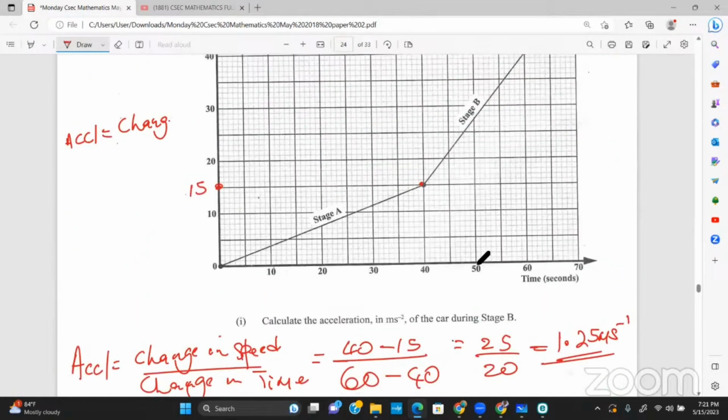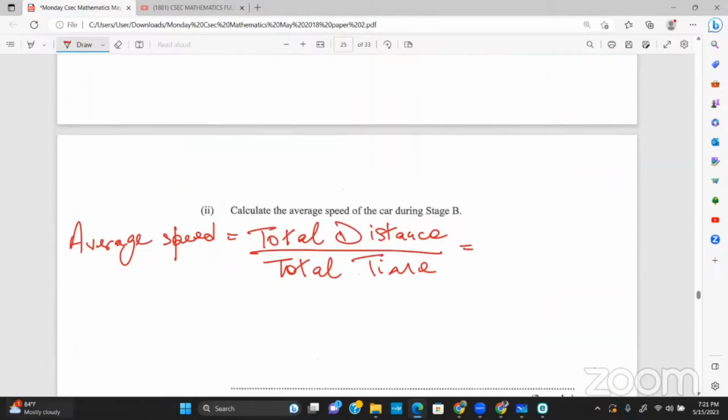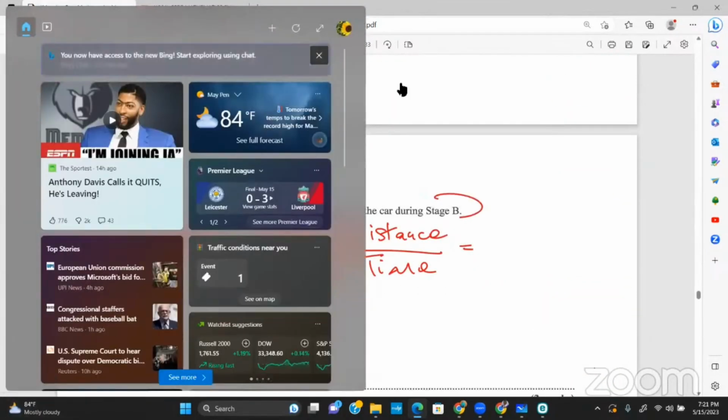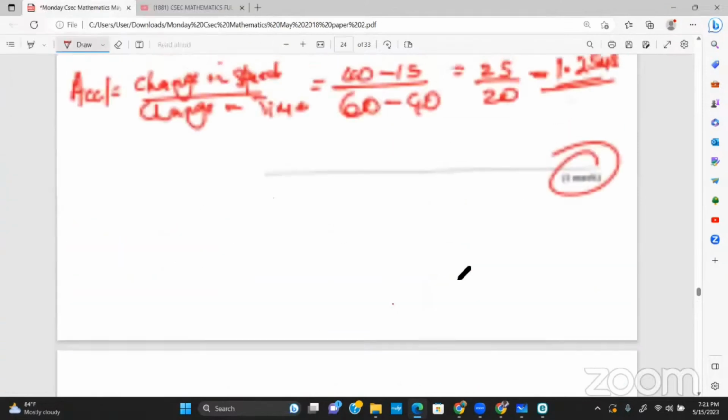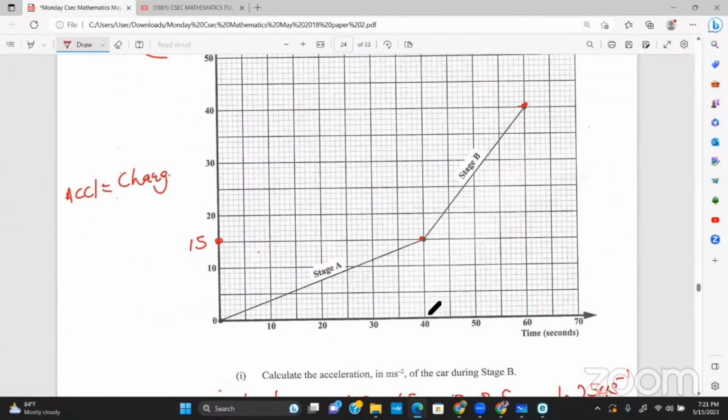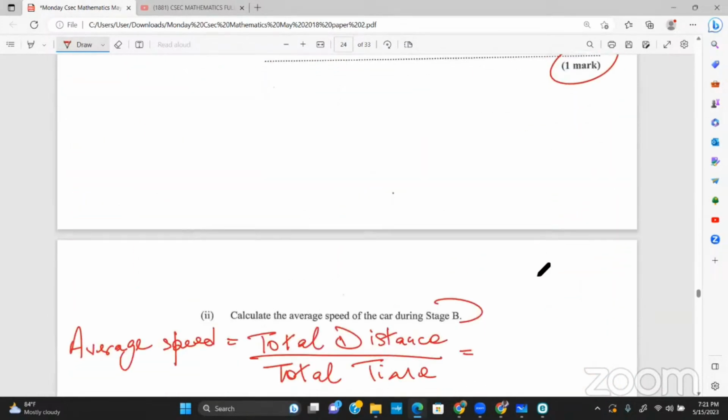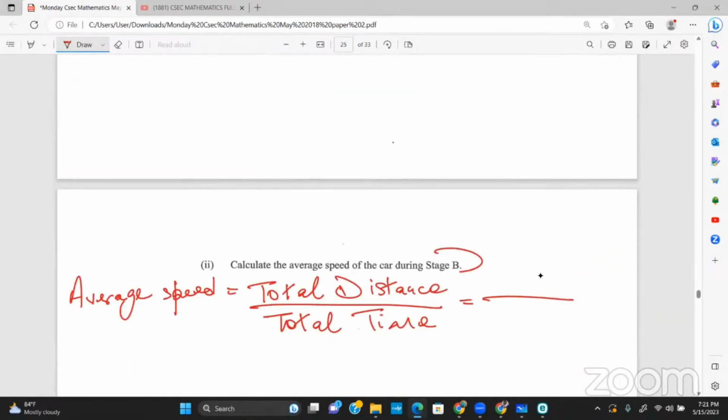Here's the thing. You know the total time already, right? We're talking about in stage B. Stage B, the time is from 40 to 60. So that's 20. 20 is the time. The distance is what you need to find.